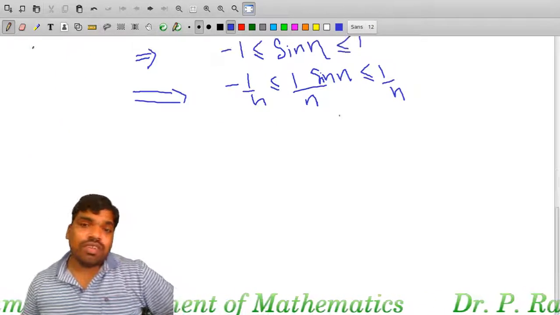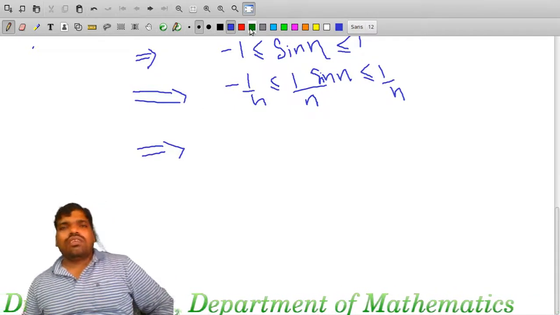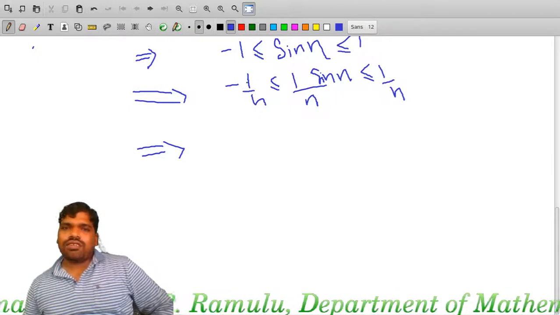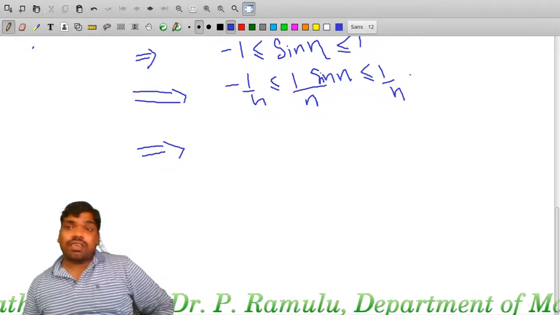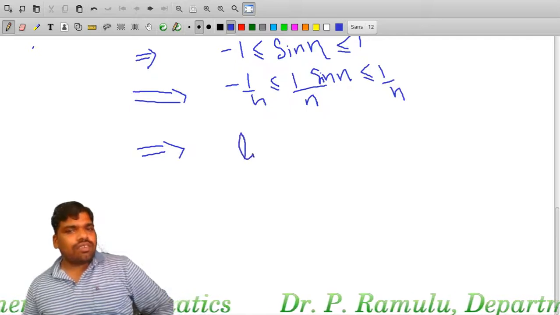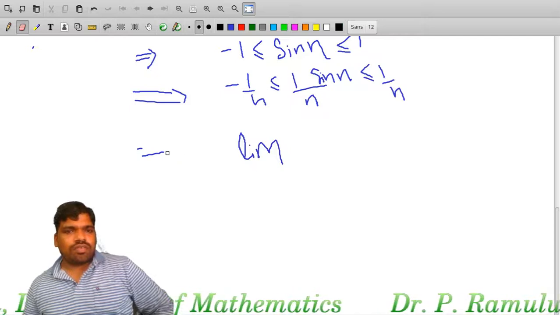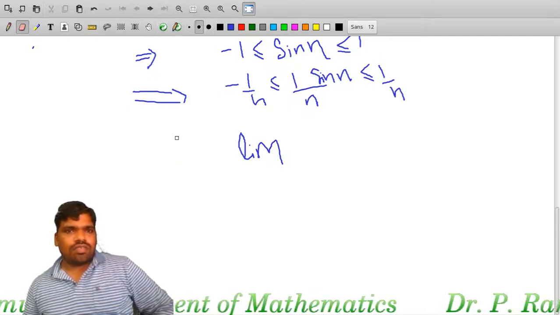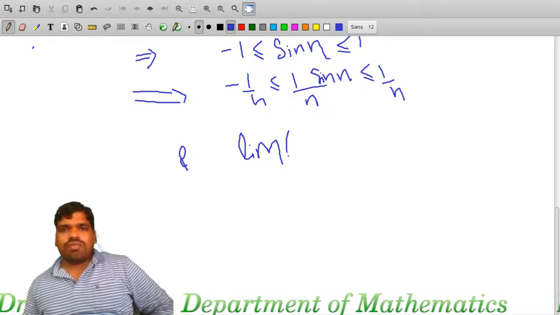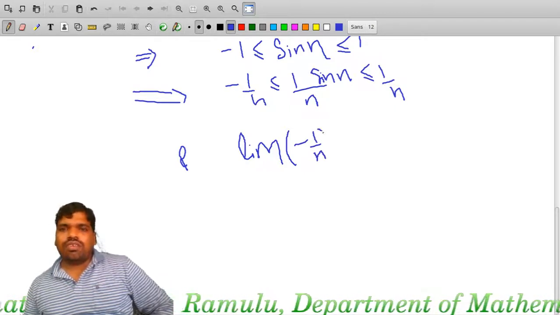Here it is for the squeeze. Already we know that the first condition is an less than or equal to sn less than or equal to bn, and sn is nothing but this. And the second condition I am doing is that lim of minus 1 by n equal to 0.